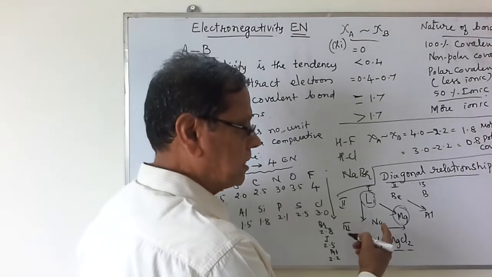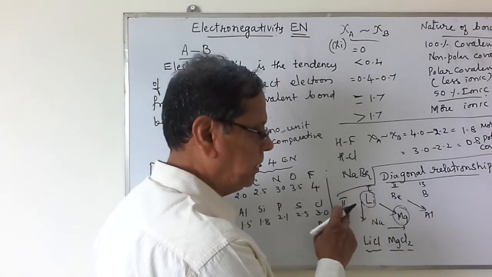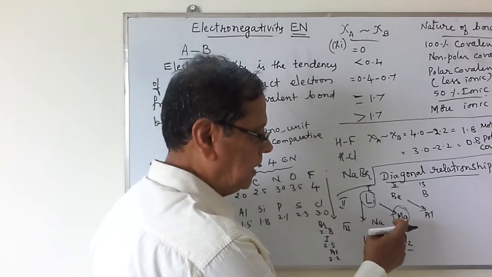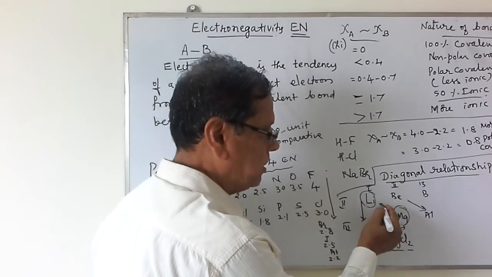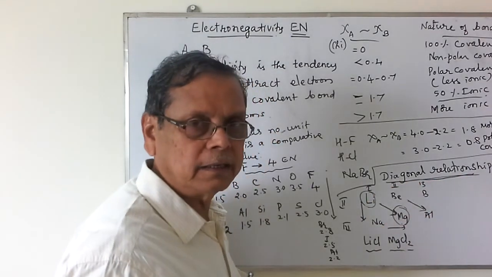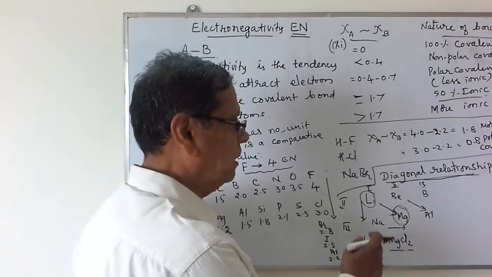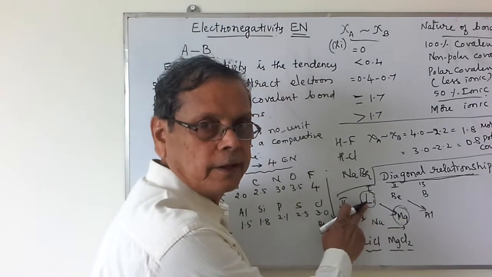Such a relationship between an element in a particular group in the second period and another element in the next group of the third period having similar chemical properties is called the diagonal relationship. So we can predict the properties of magnesium compounds by comparing to lithium compounds.